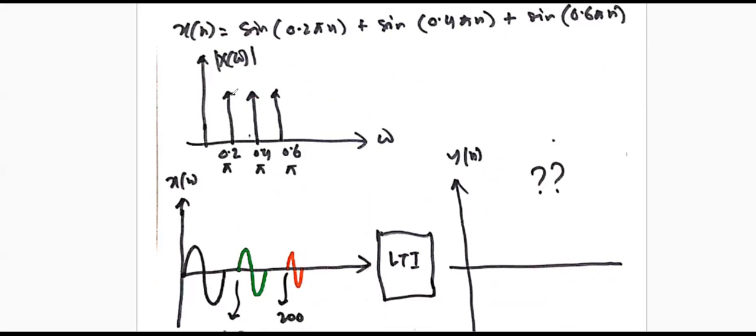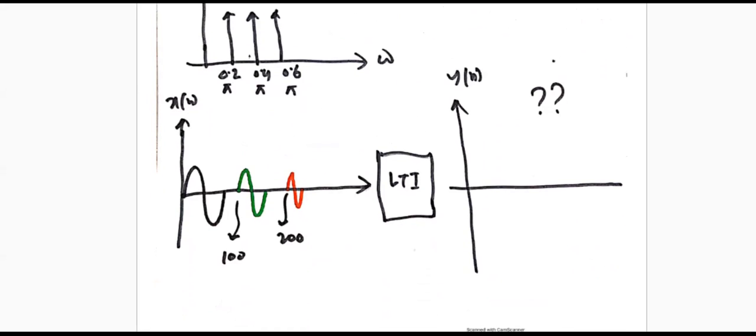In the frequency domain, of course, we'll find 3 stems, because we have 3 frequencies. And now we want to draw this in the output. As we already understood, this is 0.2 pi, this is 0.4 pi, and this is 0.6 pi.